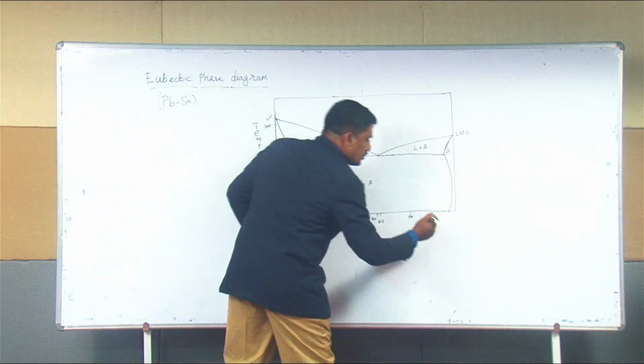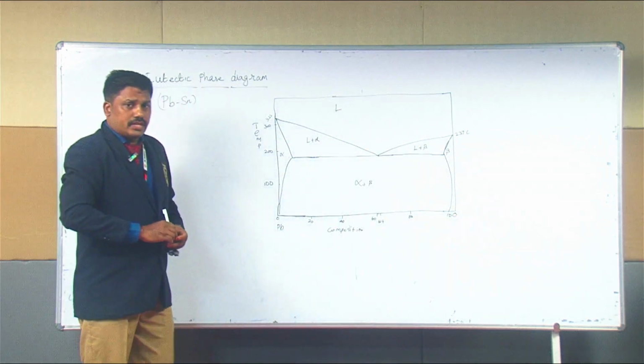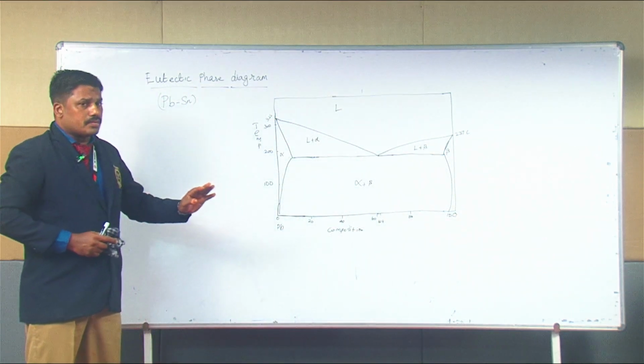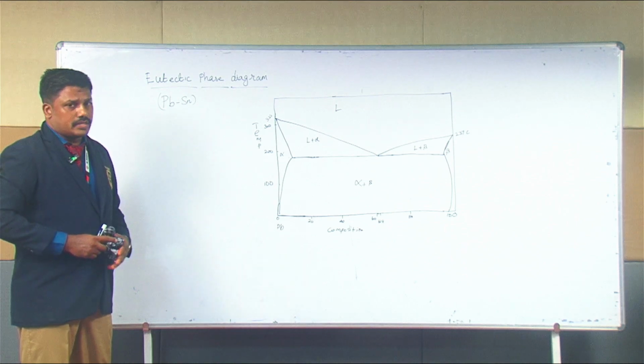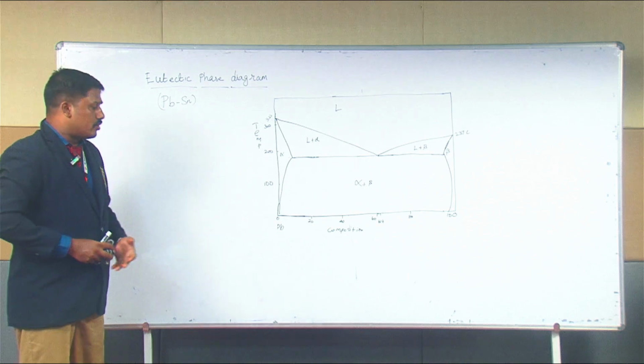Okay. In all phase diagrams, the composition axis is represented by the solute, that is, the amount of tin, or the amount of solute values.